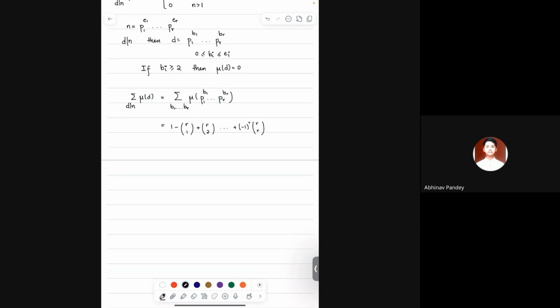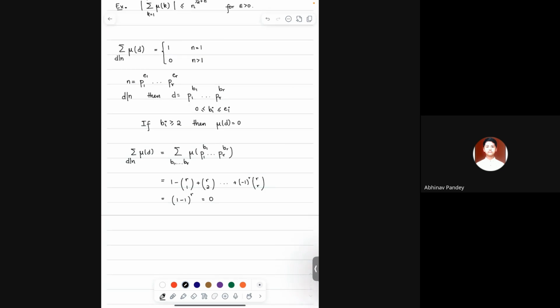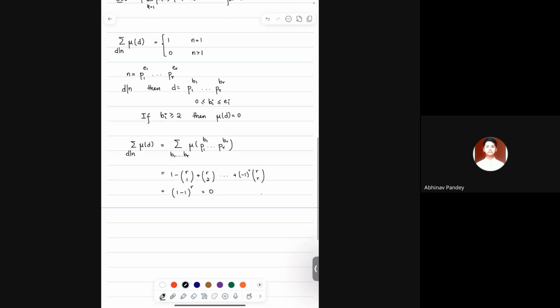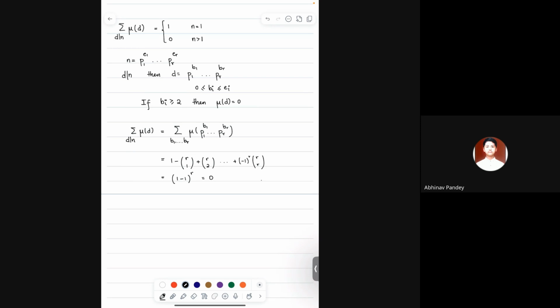And if you think about what this means, this is the same as (1 minus 1) to the power r. If you open up the brackets, the shape of (1 minus 1) to the power r is exactly what I've written above. But what is (1 minus 1) to the power r? This is exactly 0. Okay, so it's a straightforward proof if you just think about it a little bit, but this is going to be a very powerful statement.